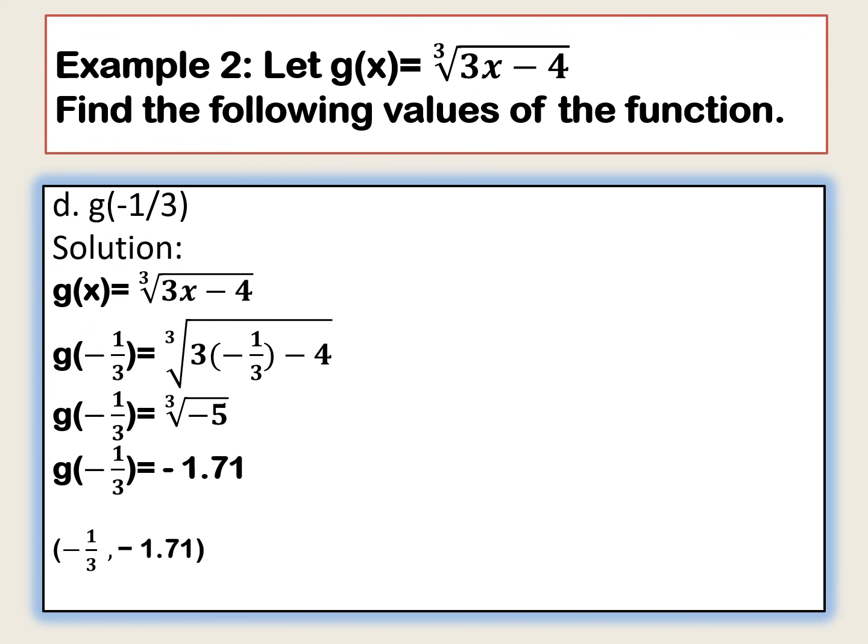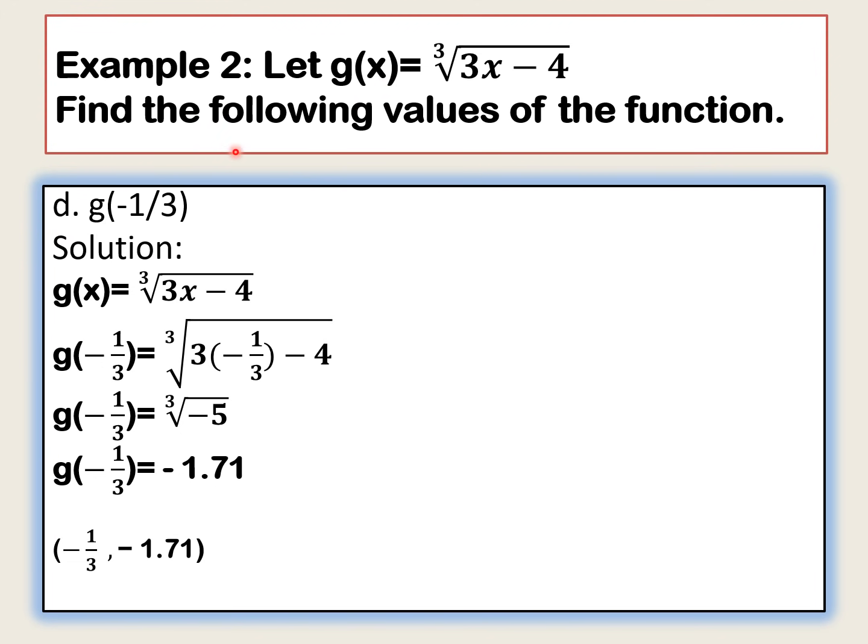This would be the last item D, for example number 2. Okay? Kasi di ba kanina nagkaroon tayo ng example 1, set of items for example 1, yung pinakaunang function. Tapos dito naman we have another function which is g of x na meron din siyang set of values or set of items.